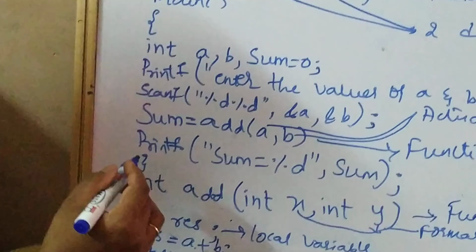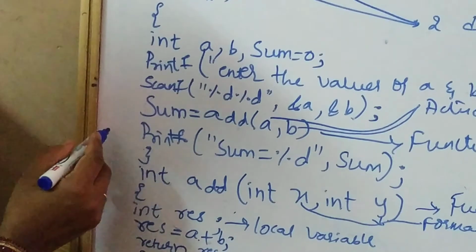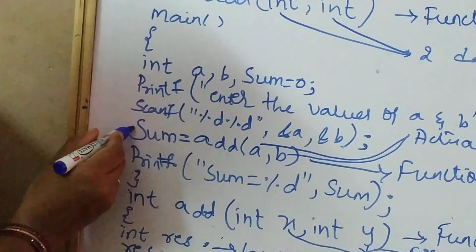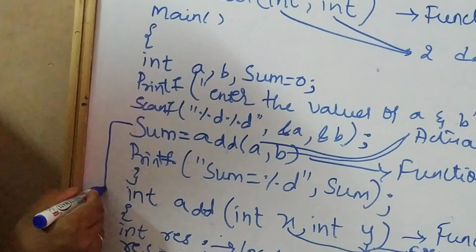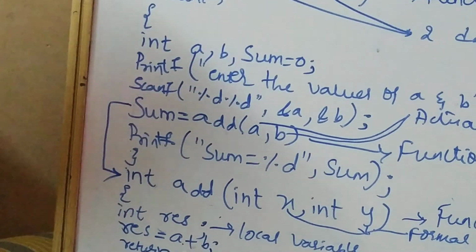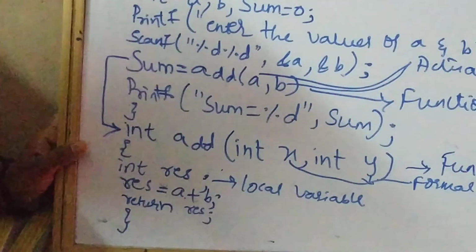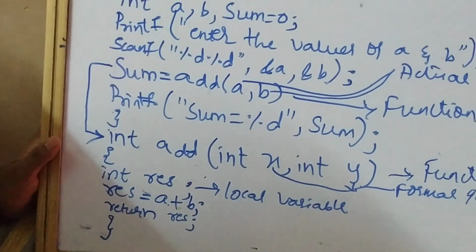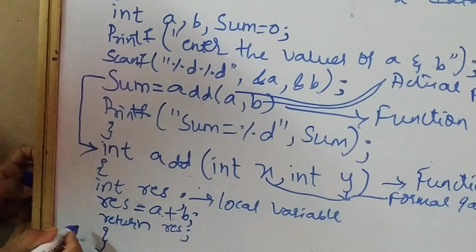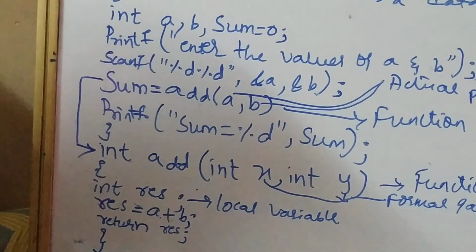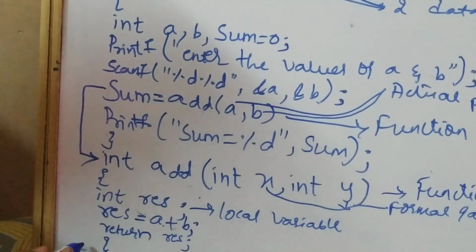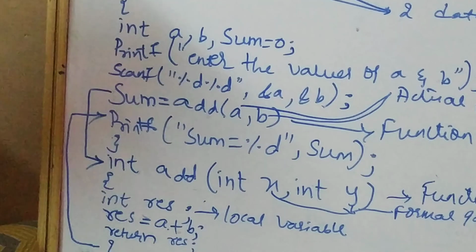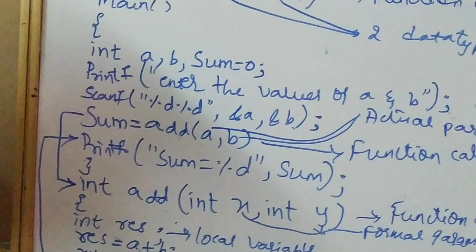So you can see here, in this way it is going to run the program. After that, control will go back to the function. This is the program.